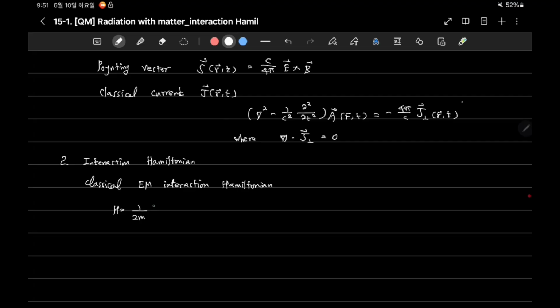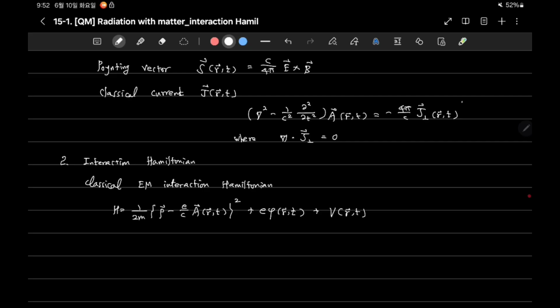But here we should think about how the momentum can be transformed into the canonical momentum: p minus e over c A, the canonical momentum squared, plus the electrostatic potential, the scalar potential, which is the real interacting potential.